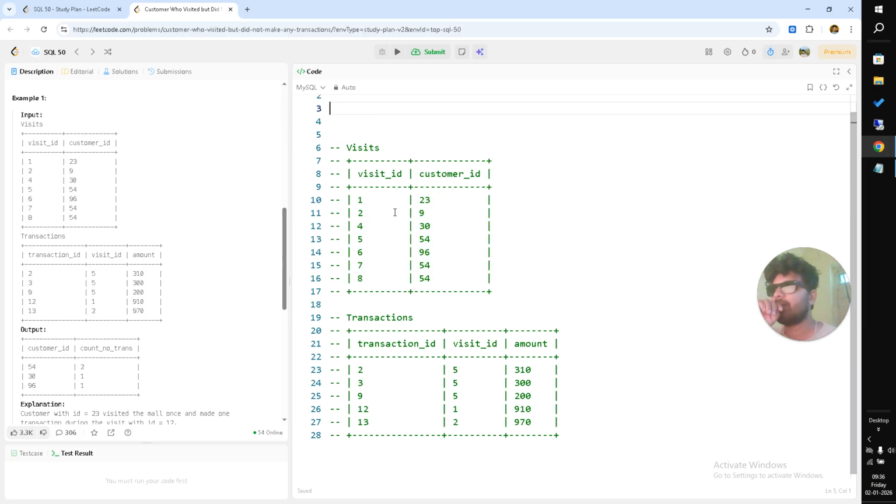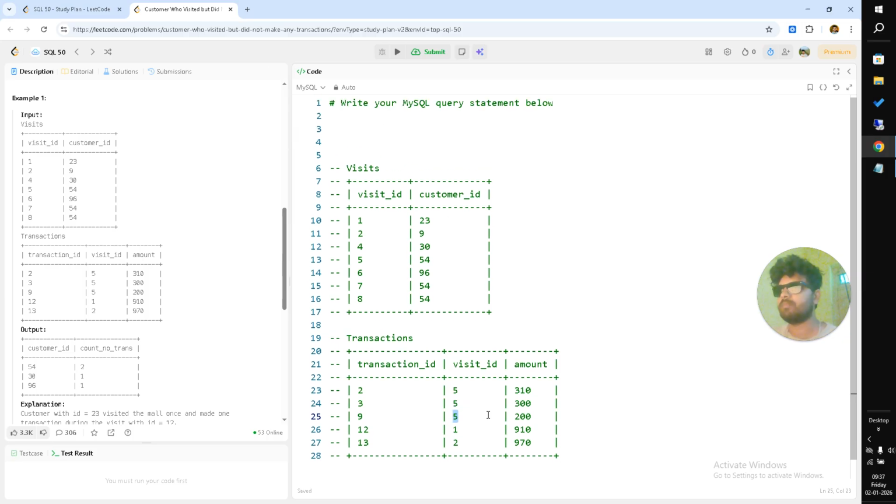Let me think. So visit ID five is making a transaction, and this is also five. Okay, let's see.